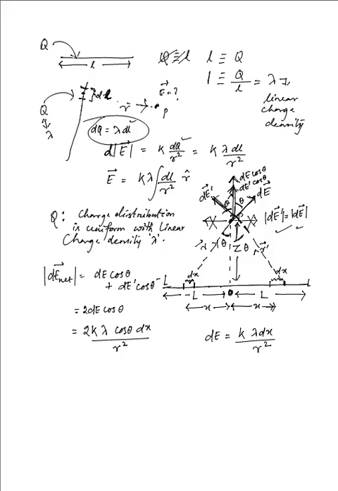So the net electric field, in order to determine that, what we do is we have this triangle available to us. In fact, we have two symmetrical triangles, and in those triangles, if we consider the case of tan theta, what about tan theta in each case?